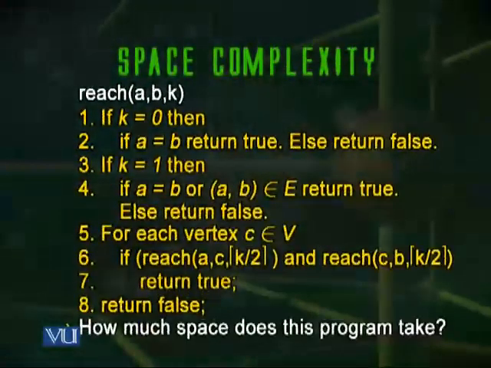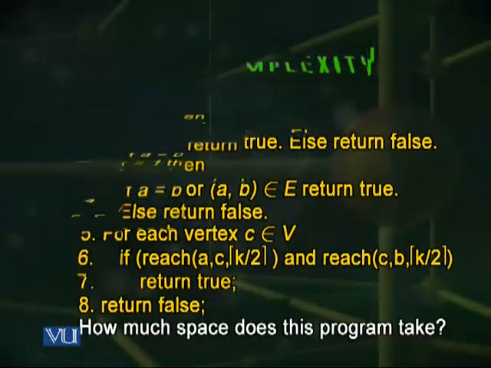Now the question is, how much time does it take and how much space does it take? Well, remember, we're not interested in time complexity now. We're only interested in space complexity. For those of you who are very interested in time complexity and are intrigued by this question, I would ask you to go and try to analyze how much time this function takes.